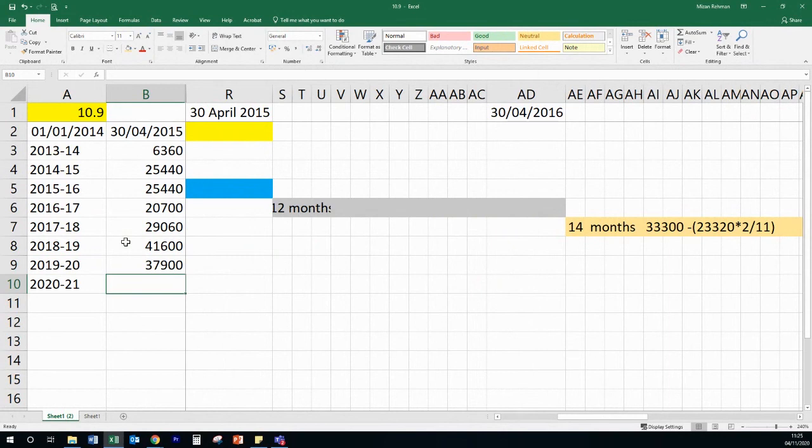So if you read that Roger ceases trading on 31st of May 2020, his adjusted trading profits were as follows. It doesn't really matter how many months he actually traded in the last year. What we need is basically his actual profit, which is 23,500.